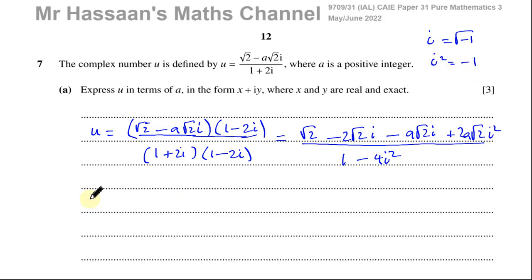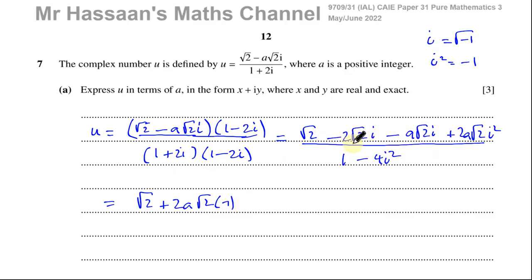So let's simplify this. If we take this part here, I'm going to write these two together. This is a number term, because i squared is minus 1. So I'll have root 2, plus 2a times root 2 times minus 1. Here I've got minus.